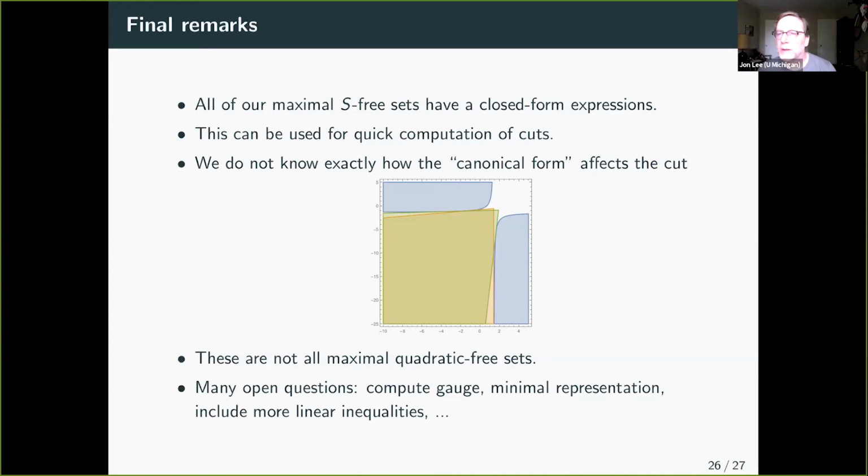Joe Pat has a question. Going off of Giacomo's question, do you have some intuition about what might be a necessary condition, or what you might need to add to make this work? We've pondered a lot about this, and we think that this condition might be good enough for quadratic-free sets, because all the counterexamples that we have for the condition are not quadratic sets.